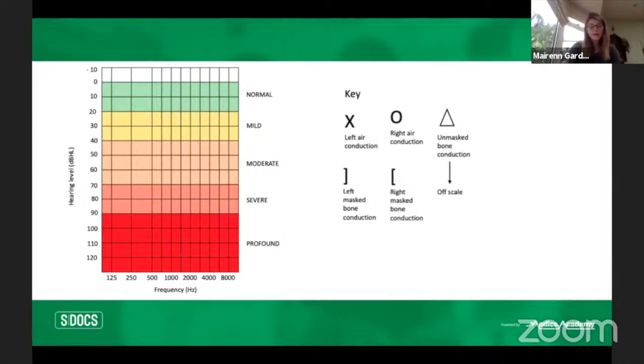Someone with normal hearing should be able to understand speech in most normal environments, and no amplification is needed. Someone with mild hearing loss, it's usually their family who notice something before they do. They might struggle in noisy environments and sometimes turn the TV up louder, but it doesn't really affect them too much.